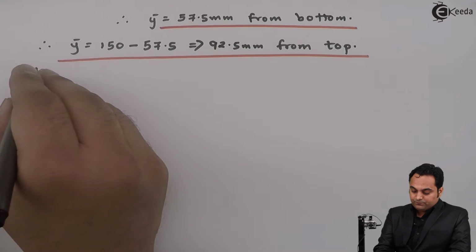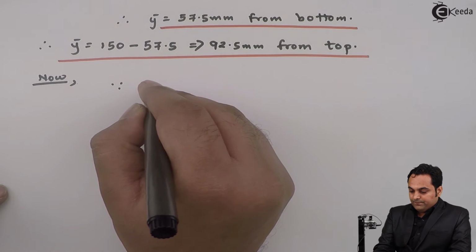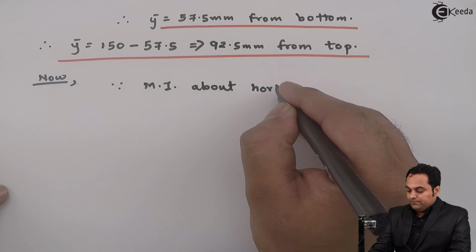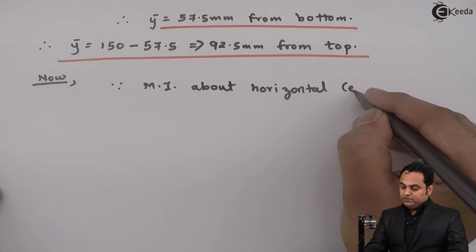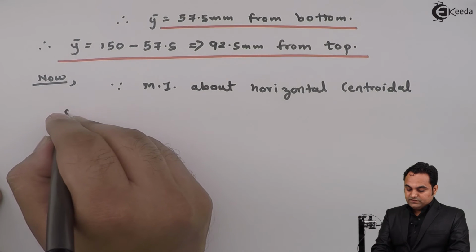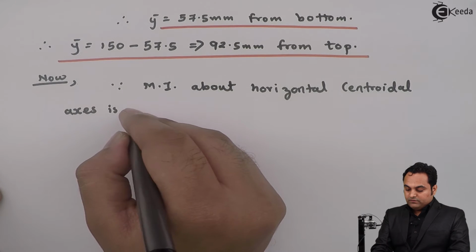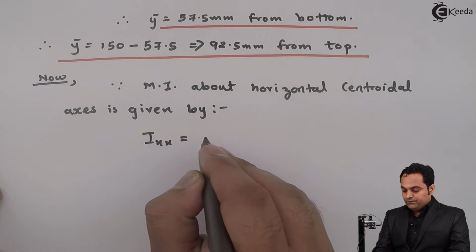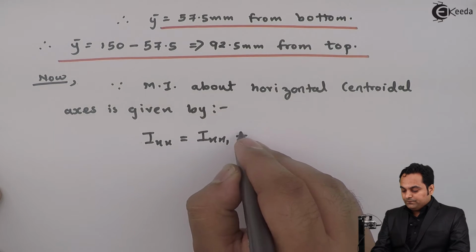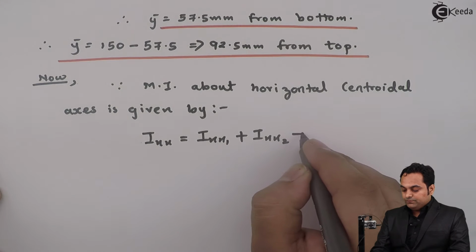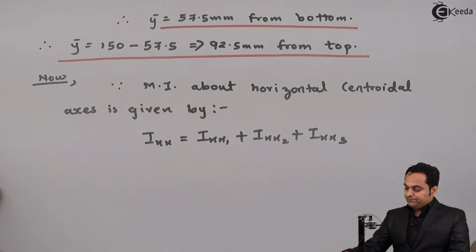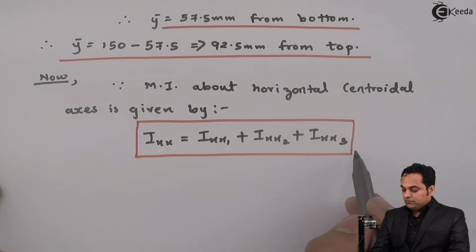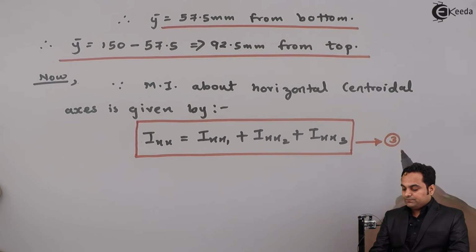Now, since the moment of inertia about the horizontal centroidal axis is given by Ixx is equal to Ixx1 plus Ixx2 plus Ixx3, keeping this as the third equation.